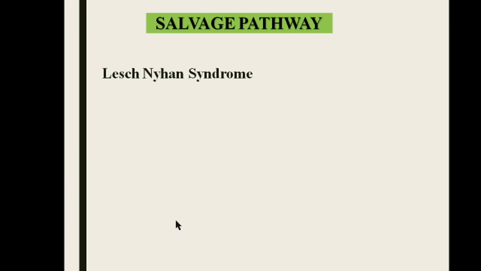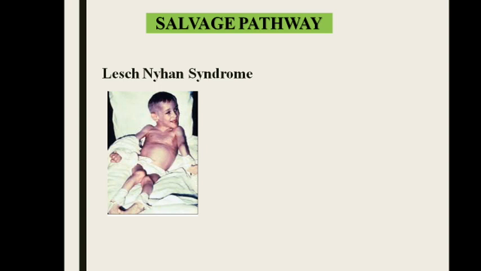First of all, Lesch-Nyhan syndrome is an X-linked recessive disorder. It affects mainly males. Number 2, it is due to deficiency of HGPRTase. Because of deficiency of the HGPRTase enzyme, the purines are getting converted into uric acid. They are channeled into the degradation pathway, resulting in hyperuricemia.